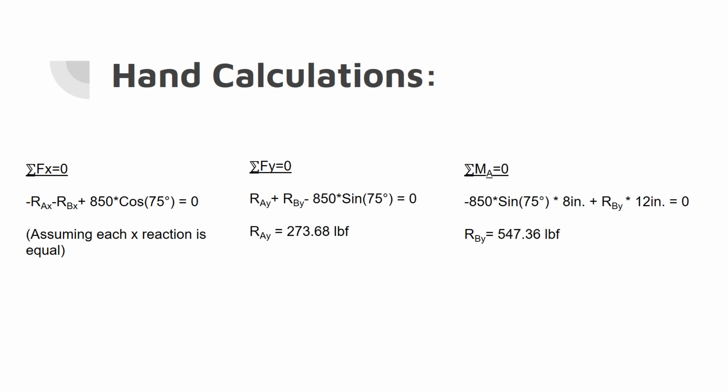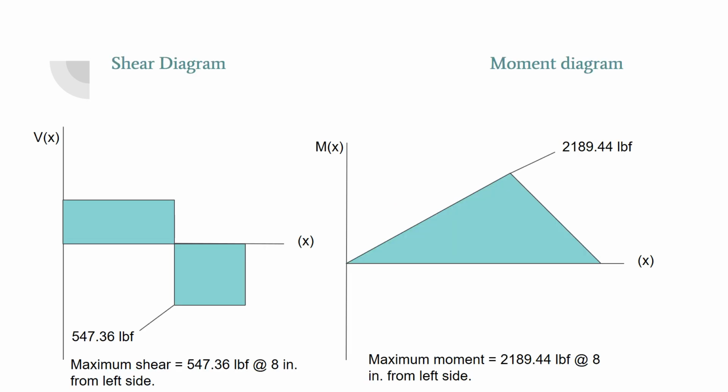Okay, from that, summing our forces, this is just solving for the reaction forces. And like I said before, we're assuming here that in the x direction the forces are divided evenly, so we didn't really take that into account for our design. We were more interested in the reaction forces in the y direction, which you can see right here, what we get for pin A and pin B. From that, we're able to draw our shear and moment diagrams.